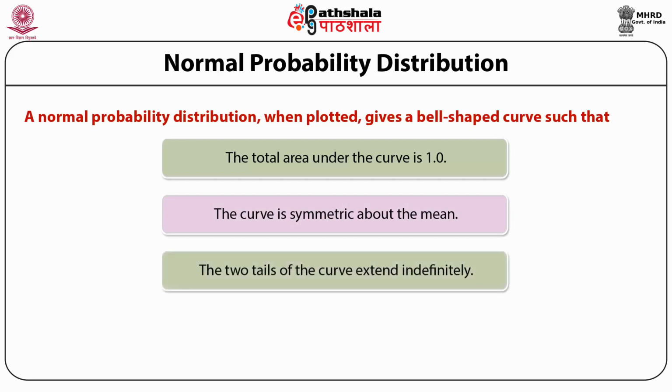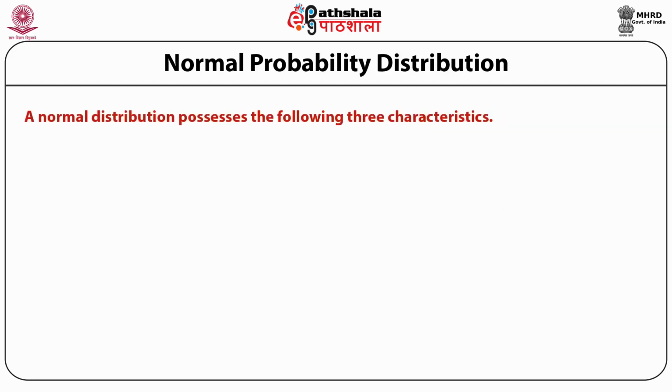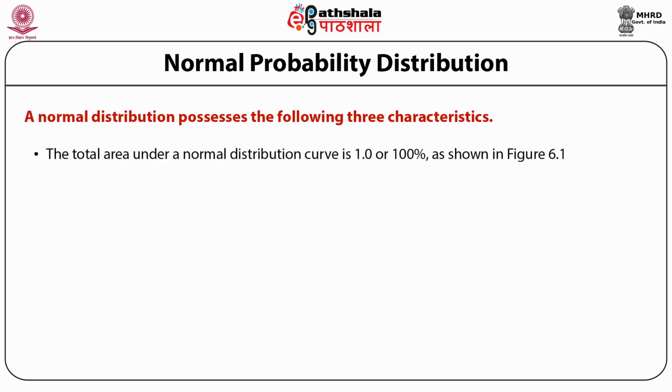The two tails of the curve extend indefinitely. A normal distribution curve possesses the following three characteristics. One, the total area under a normal distribution curve is 1 or 100%.